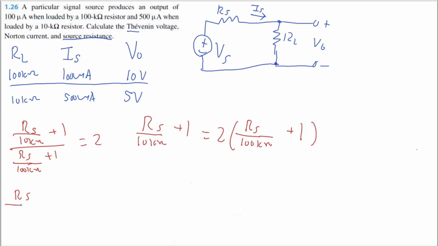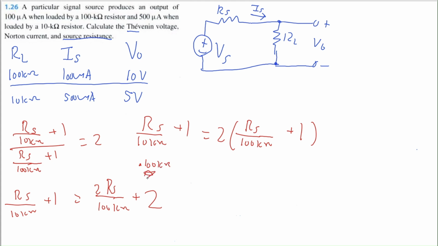So it'll be RS divided by 10 kiloohms plus 1 equals 2 RS divided by 100 kiloohms plus 2. And I can get rid of these last two fractions by just multiplying everything by a common denominator, which will be 100 kiloohms.